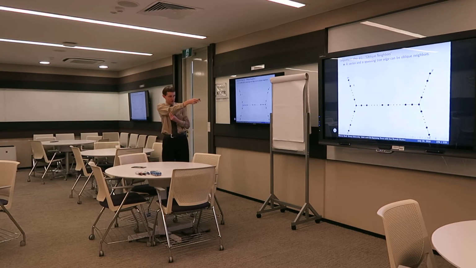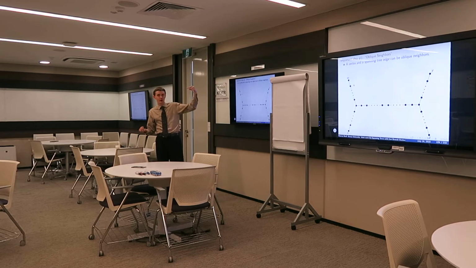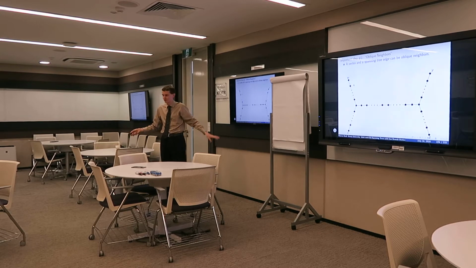For a vertex somewhere to be an oblique neighbor of that red edge, it has to be adjacent, not in the tree, just in the graph overall, to whatever vertex is on the far side of the red edge from the other vertex in question. So for W to be an oblique neighbor of the red edge, this blue edge that I've just put in here has to be part of the graph.